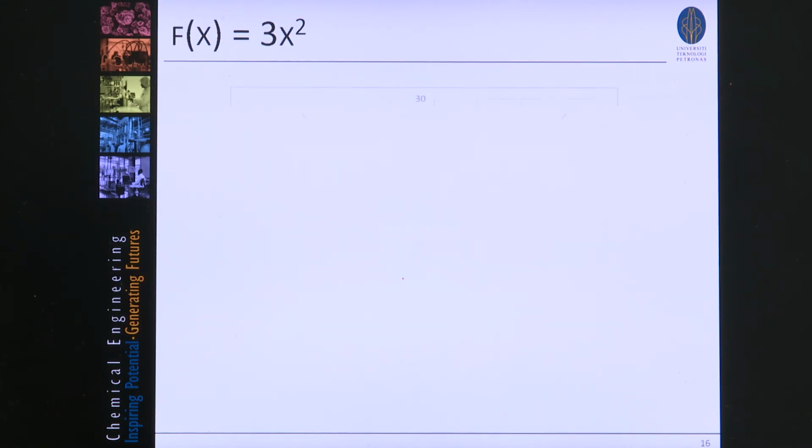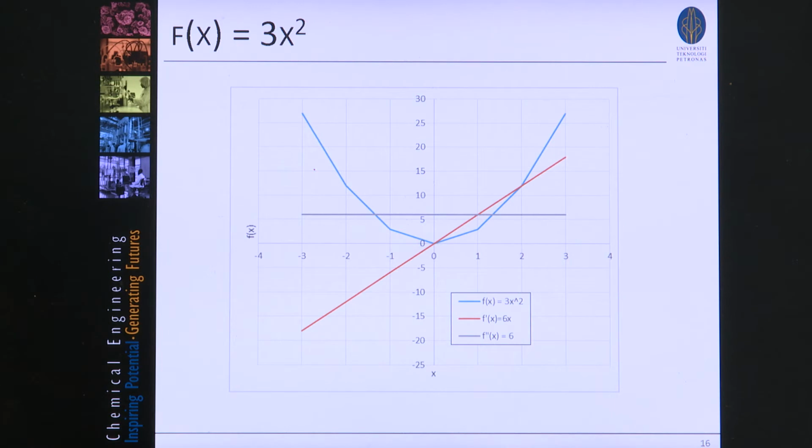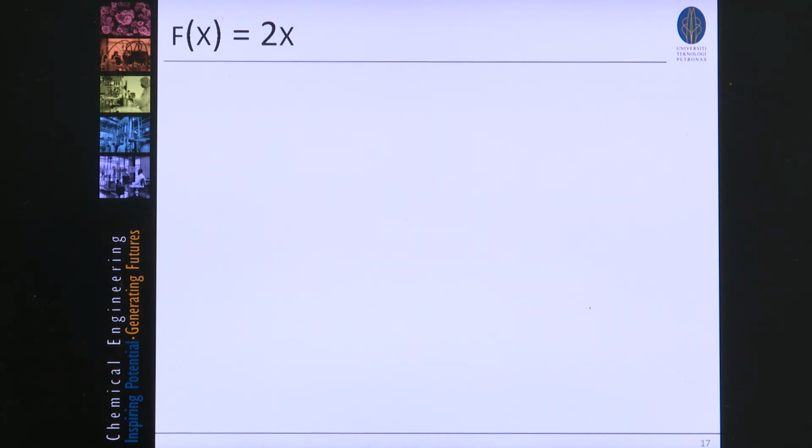So you can see we have the function of 3x squared, and if we derive this, its first derivative is 6x, right? This is then the necessary condition, where the first derivative equals 0, and the sufficient condition is where we derive it once again, into 6.